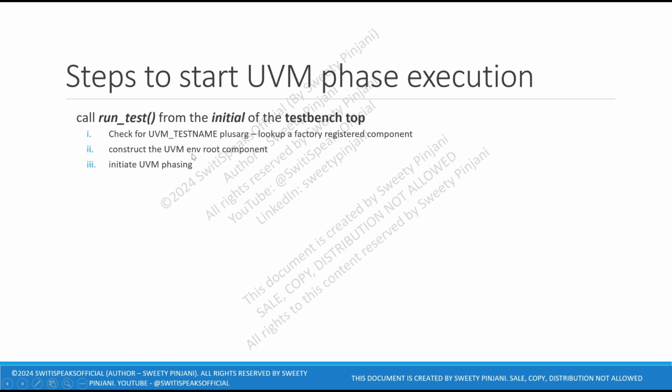Then it will construct the UVM environment accordingly, and then it will initiate the phasing. These are the steps. As an example, say I have given plus UVM test name as the arg and the name of my test is my UVM test. Once you give this, we will look up in the factory for this test, and accordingly we will have the environment and initiate the phasing.